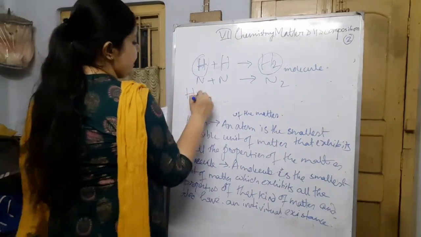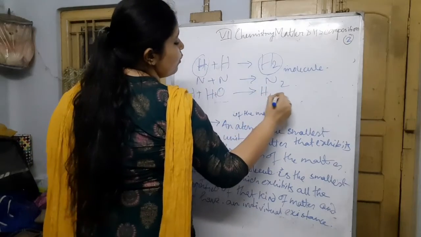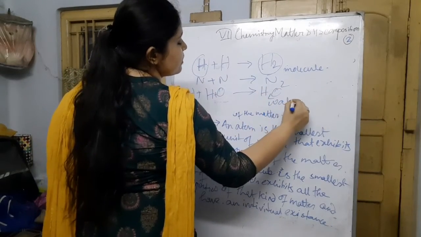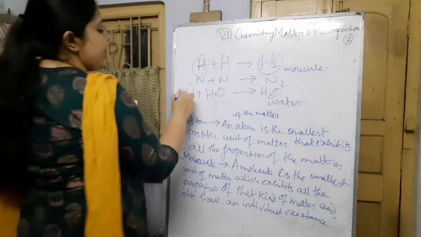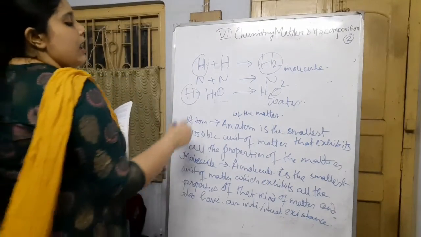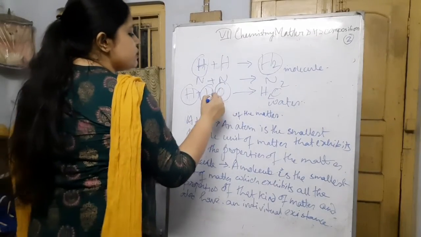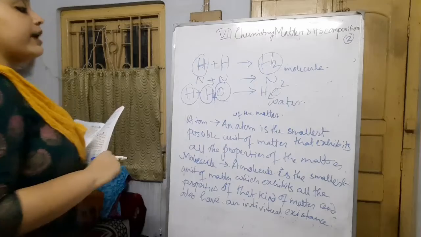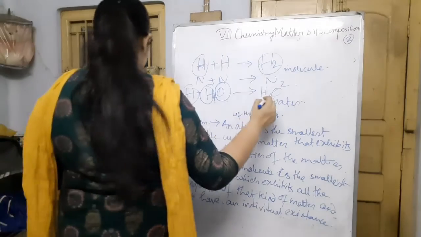Then H and O form H2O, which is water, so it is also a molecule. An individual H can't make water, the other H also can't, and individual oxygen also can't. But when they are joined together, they form water, which is H2O.